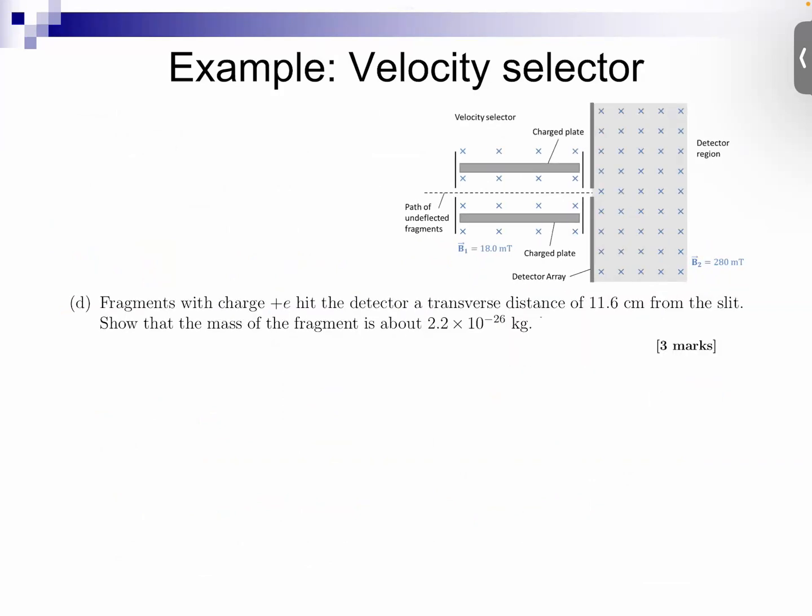So you have there the plus E charge that passes undeflected through the velocity selector. Initially, it reaches the detector region with a velocity in the positive I hat direction. If you do the right-hand rule once again, you have velocity in the I hat direction and magnetic field in the negative K hat direction.